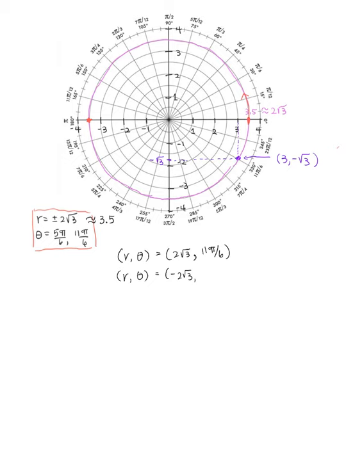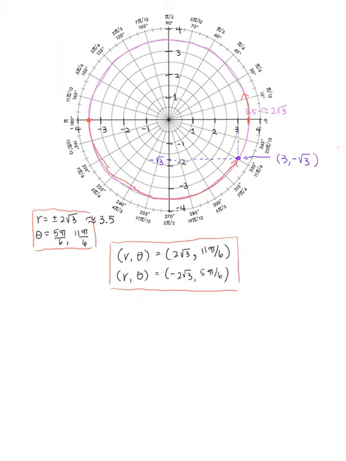If I revolve from here all the way down to our point, we need to revolve 5 pi over 6, which is 150 degrees. So our combination is going to be negative 2 root 3 and 5 pi over 6. This is going to be our final answer.